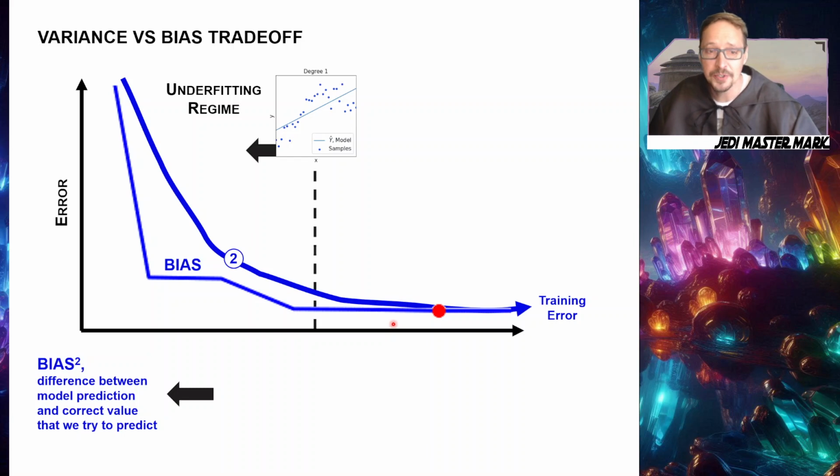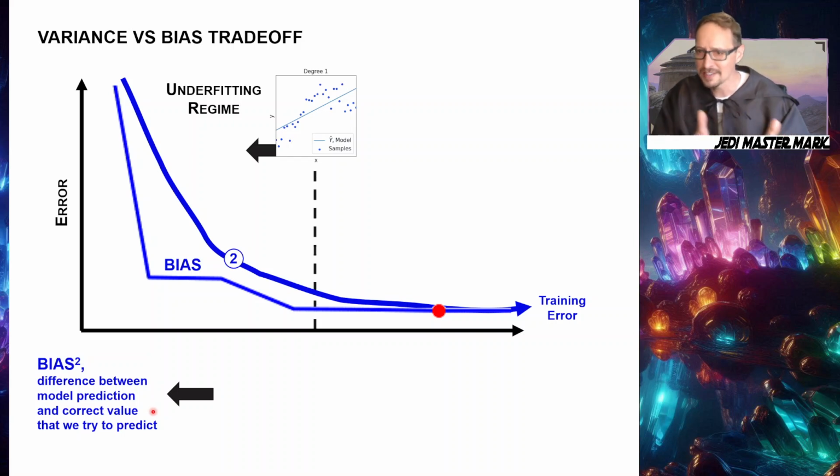Okay, so let's go back to our original conceptual plot. So what is the bias? Again, here's the data that we had from continually adding these polynomial terms. So bias is the difference between the model prediction and the correct value that we are trying to predict.